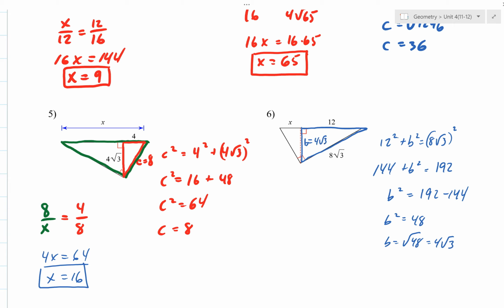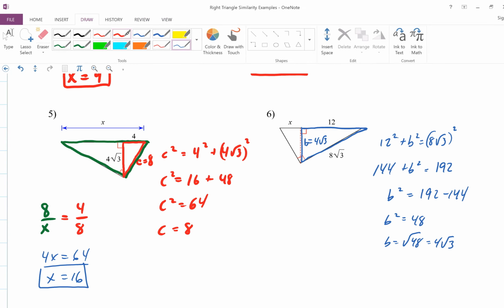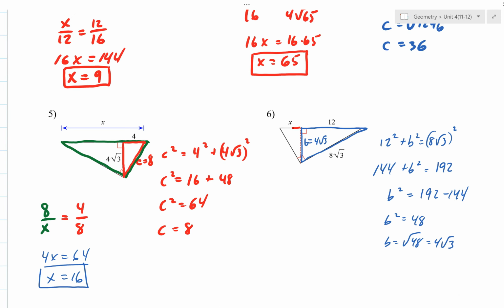And now in this small red triangle, we want to know the short leg and we know the long leg. So in the blue triangle, we know the short leg and we know the long leg. So we can say short leg x over long leg 4 root 3, that's all from the red triangle, equals short leg 4 root 3 over long leg 12 in the blue triangle.